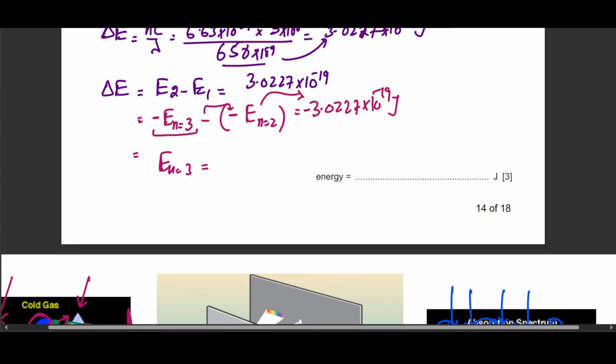So when you do that, this answer comes out as negative 2.42 into 10 raised to the power minus 19 joules. So this is going to become minus 2.42 into 10 raised to the power minus 19, right? I hope that we understand this idea. Sorry, this is not going to be positive. This is negative, this stays positive. Yeah, this is going to be negative. Yes, this is right now.